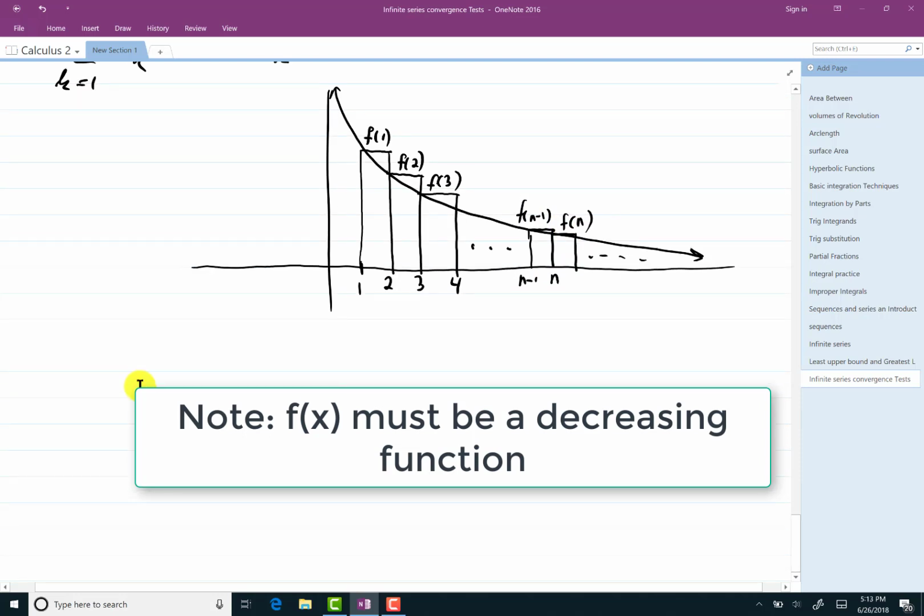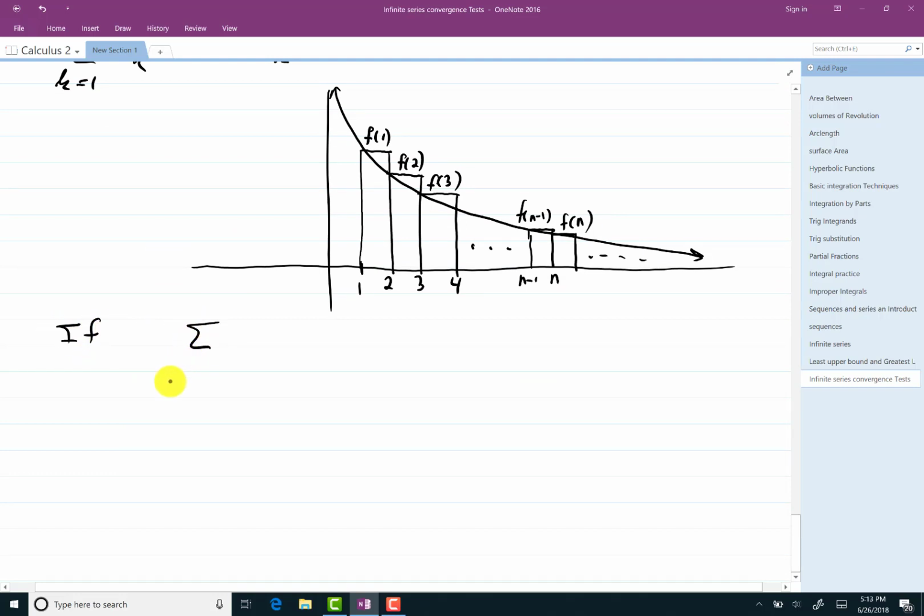So we can see that if the integral from 1 to infinity of f of x dx equals infinity, then the series is more.